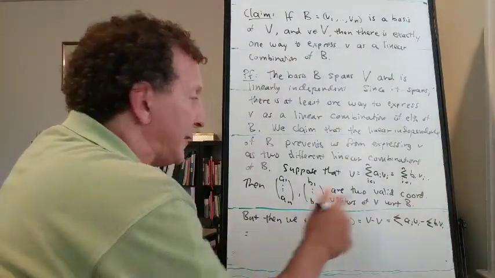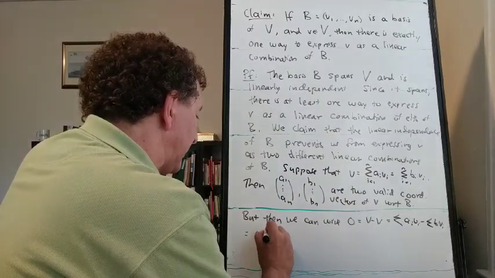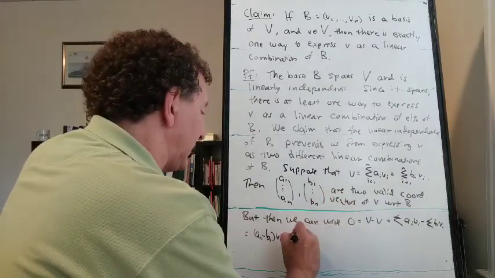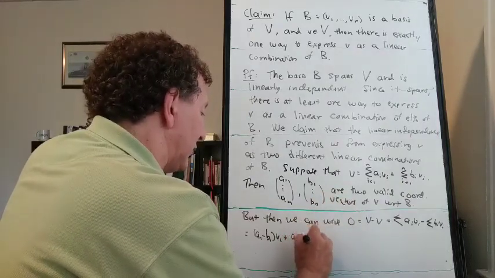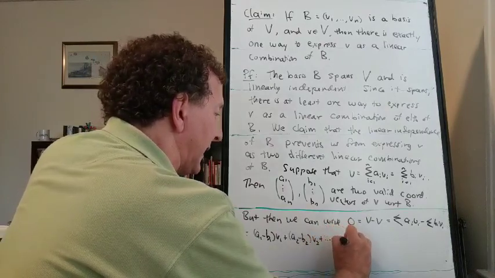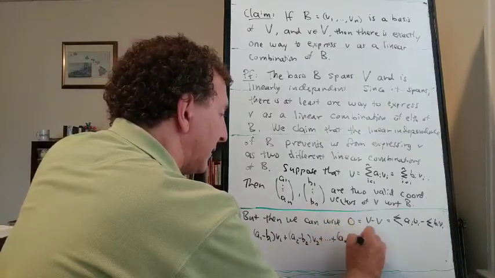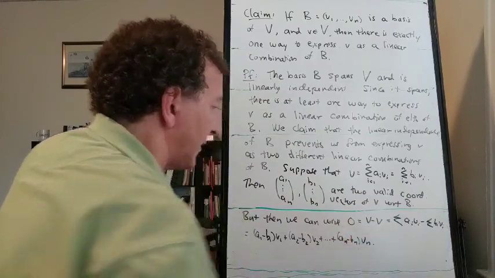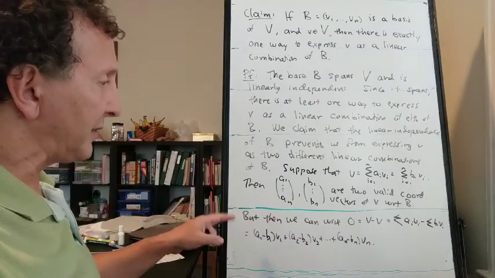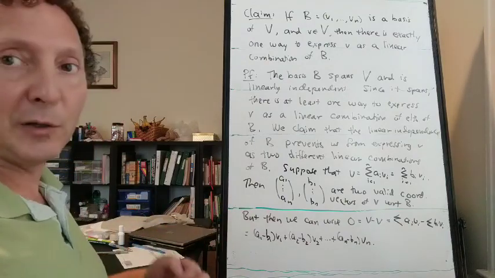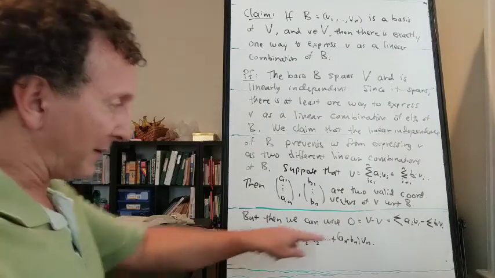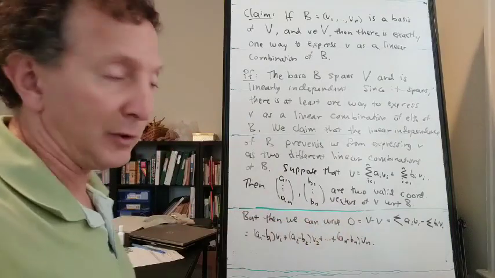And then the coordinate of v1 is going to be a1 minus b1, and the coordinate of v2 is going to be a2 minus b2, etc. The coordinate of vn is going to be an minus bn. But since this basis B is linearly independent, we know that the only linear combination of its elements that's equal to 0 is the zero linear combination.